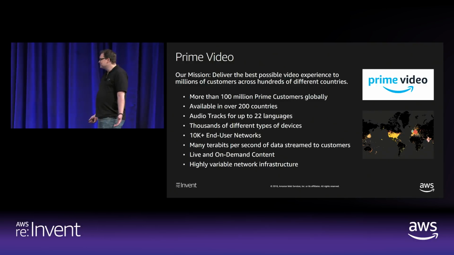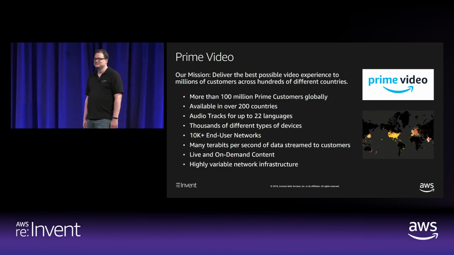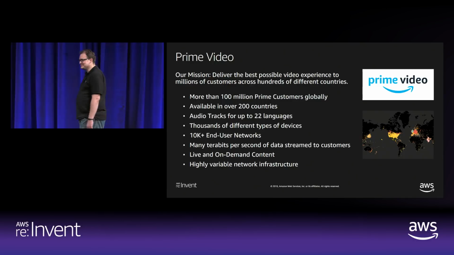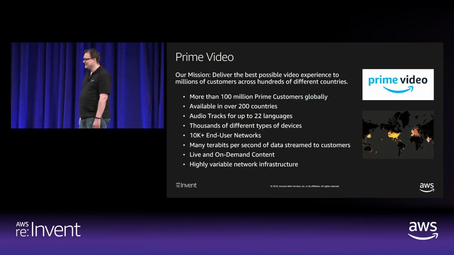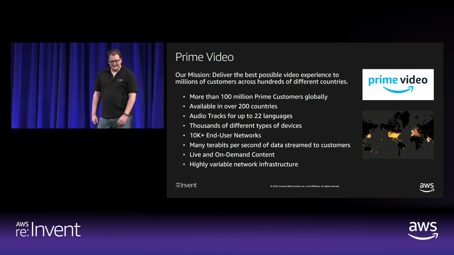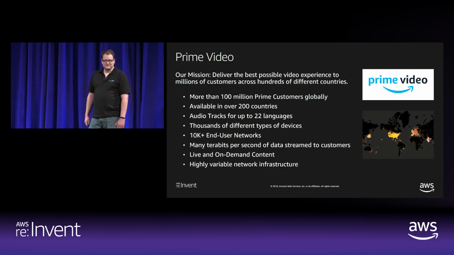We're available globally, which presents its unique challenges as we deal with everything from the ultra-speedy networks in the big cities in the US and in Asia to emerging internet infrastructure in places like India, Africa, and Latin America. And then also we deal with quite a large number of devices.